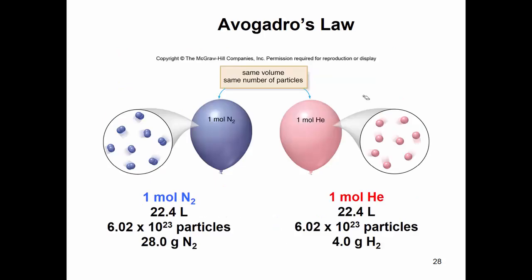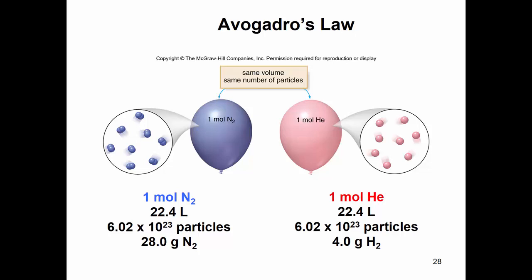So let's put this in perspective. So here we have a mole of nitrogen and a mole of helium. Okay, so we could have a mole of argon, krypton, whatever the gas might be. Okay, it doesn't matter, but if you have 1 mole of it, of course you have a different mass because nitrogen has a different mass than helium, right? Okay, but we have 6.02 times 10 to the 23rd particles.